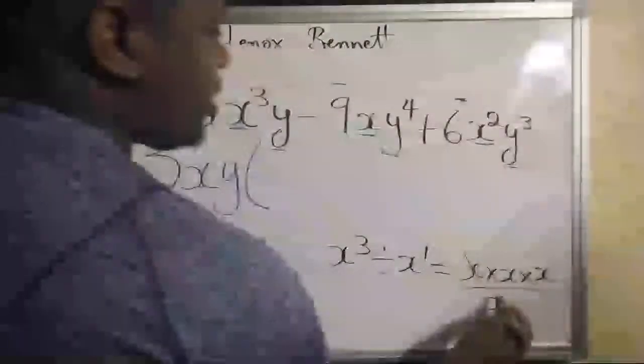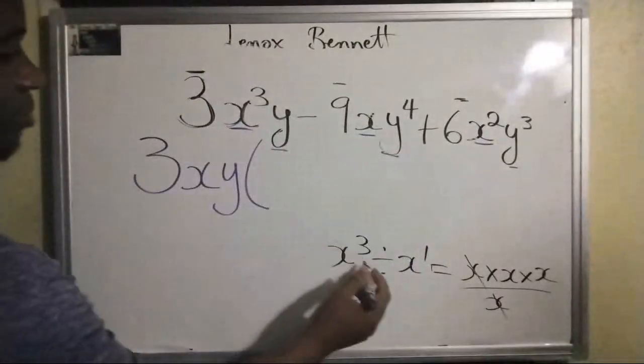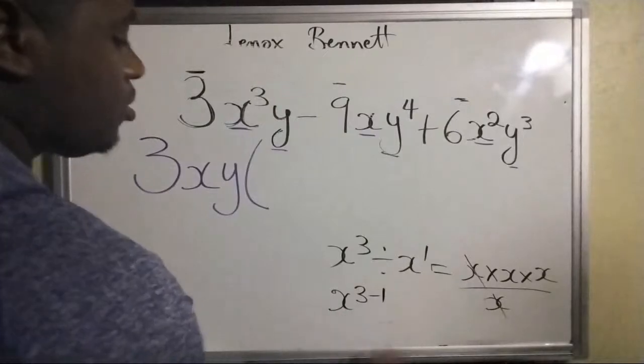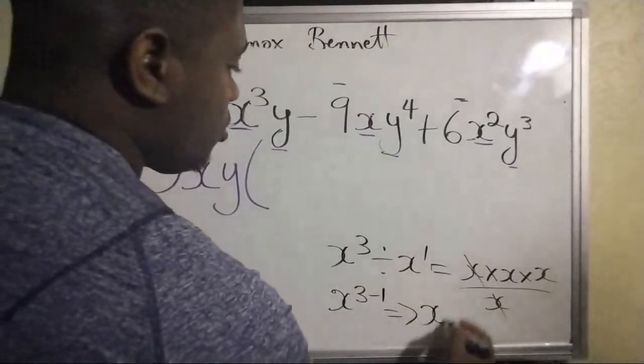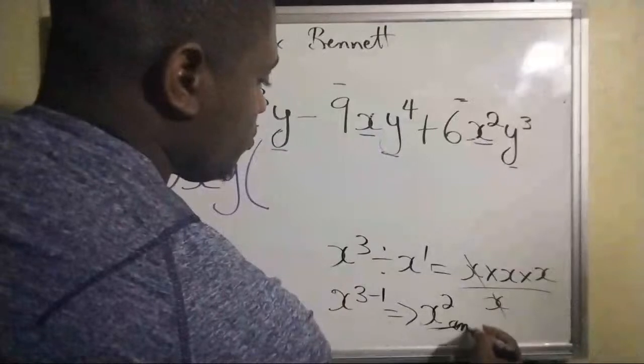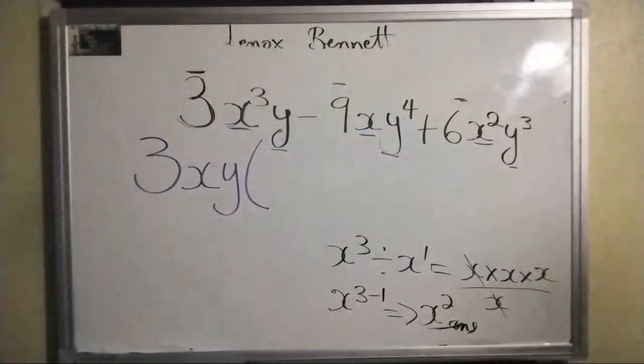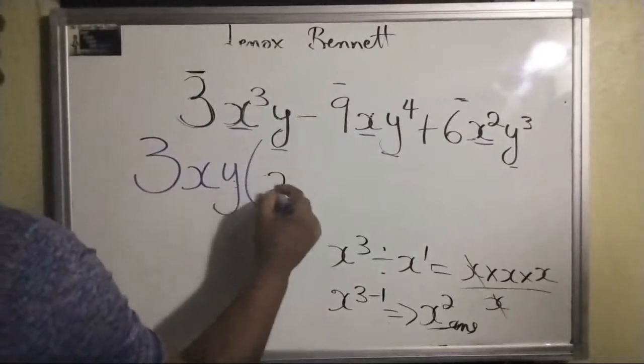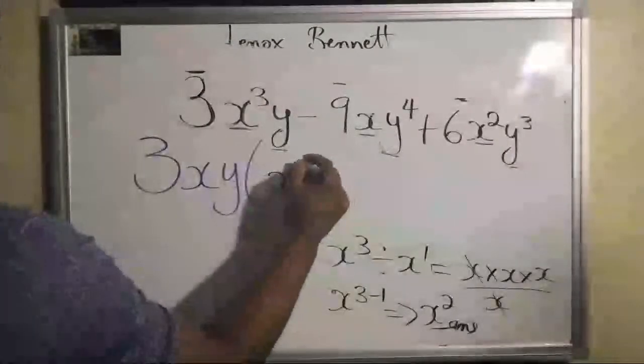Boom, one of the x's is gone. So when we are dividing, it's as if we are subtracting the powers, so it would be x squared. I'm sounding like a teacher, you know. Now this gives us the y, so y cancels y, and just x squared is left for this term.